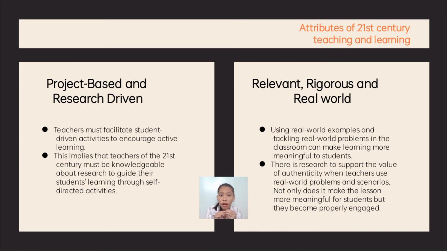Rigor and relevance are essential for equity because they ensure that all students have access and entry points to high-level content and skills. Providing a situation that students would come across in their day-to-day lives makes content more relatable and meaningful than practicing skills in a rote way.